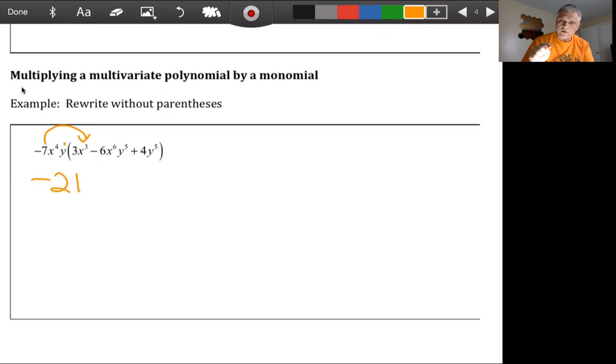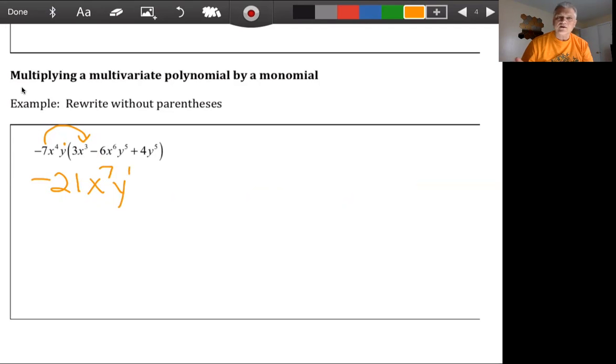X to the 4th times x to the 3rd is x to the 7th, because we add the exponents when we multiply the bases. Now we've got y to the 1st multiplied by that term, but there's no y's to multiply it by. So we're not going to change that term. It stays y to the 1st.